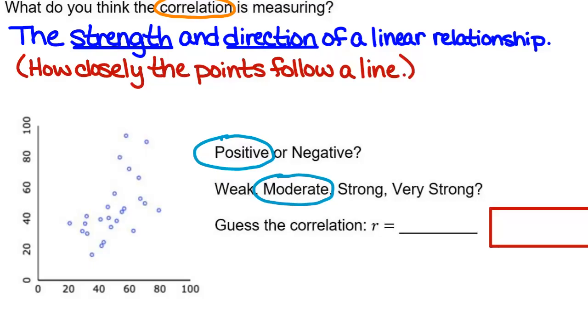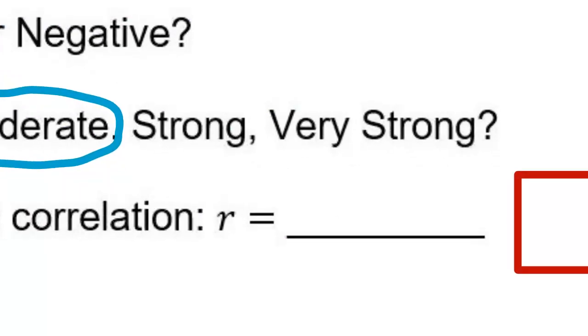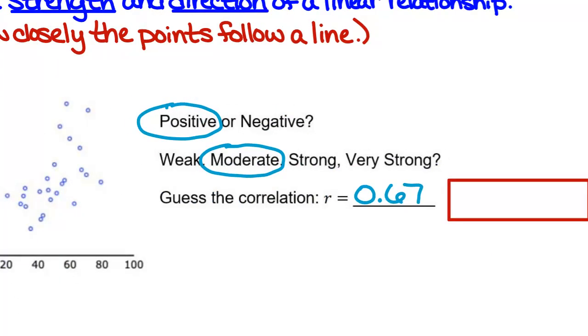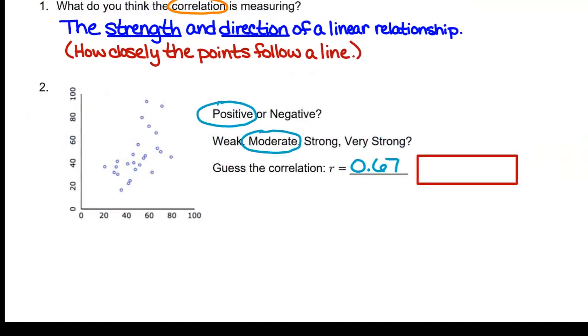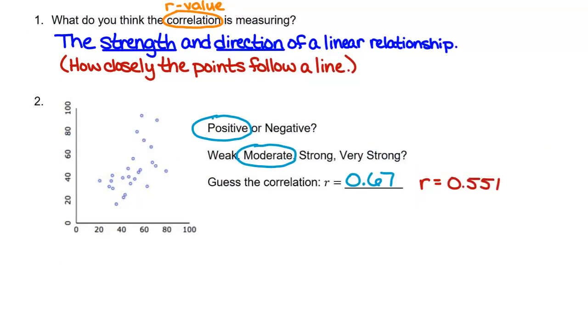Write it down on your page. So what do we think? I heard 0.67 first. All right. The actual R value for this scatter plot is 0.551.